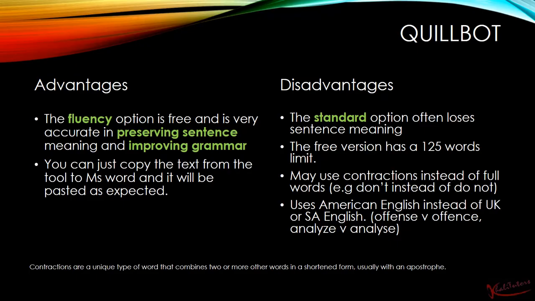So it's kind of tedious, but it's very beneficial in terms of the marks that you're going to get at the end. Another problem is that the QUILLBOT tool might actually use contractions instead of full words. For example, it can write don't instead of do not. And when you're writing formal language, we do not use things like don't. We do not use contractions, okay?